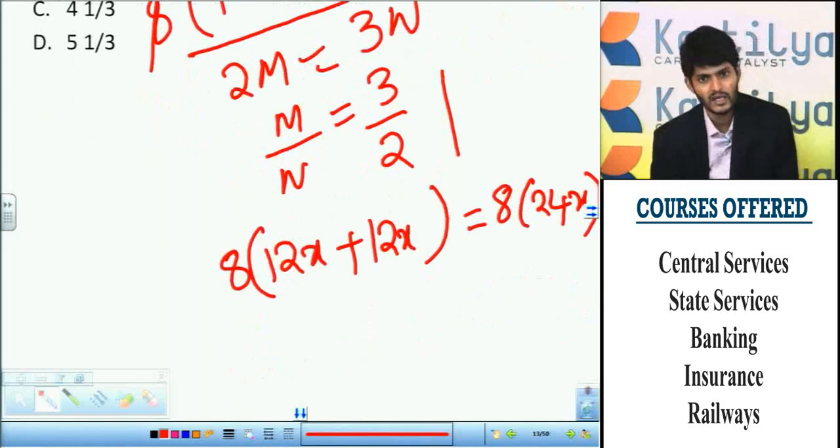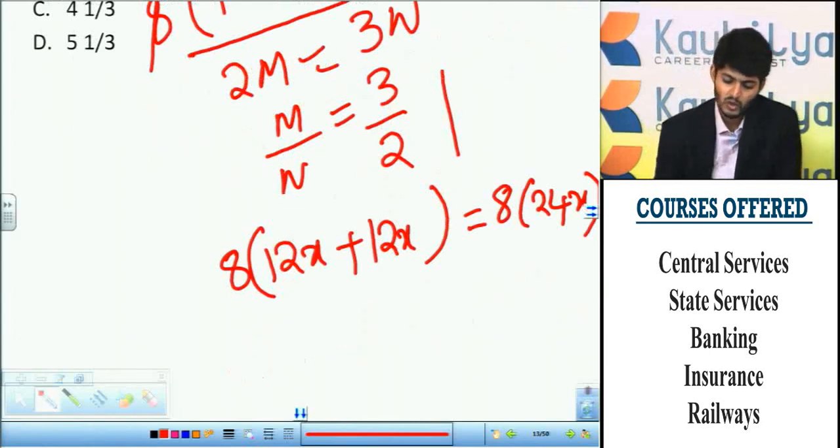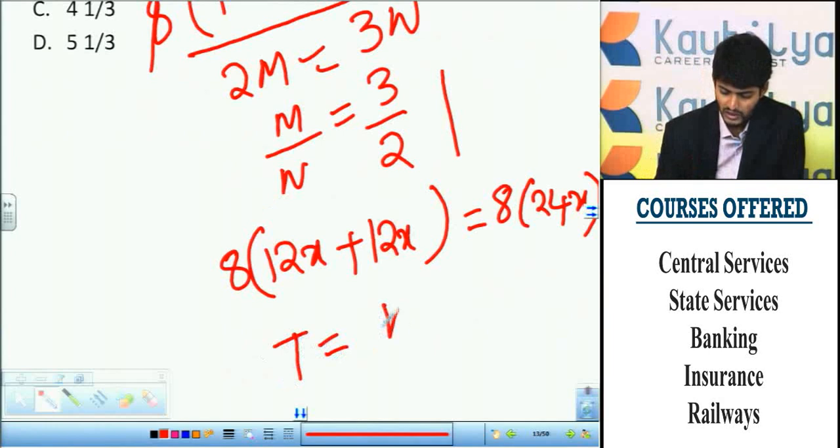Now he is asking if the same work is accomplished by 18 women, how much time is it going to take. Now from your given problem you have understood the efficiency of a woman is equal to 2x. Now I have to find out the total time taken. So total time taken will always be equal to the total work that you have to do divided by the number of people, that means your efficiency.